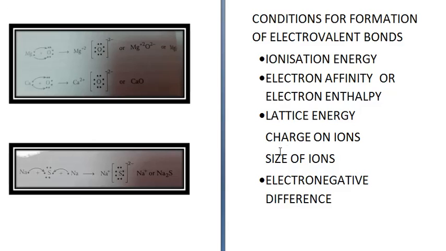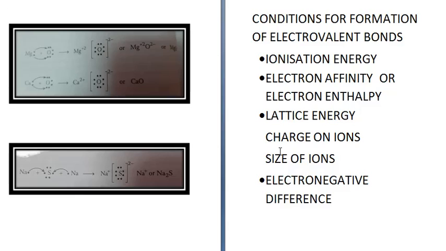Now if the charge is of larger magnitude, then greater will be the force of attraction and larger is the amount of lattice energy released. And second factor is size of ions. Smaller the size of ions, higher is the value of lattice energy.